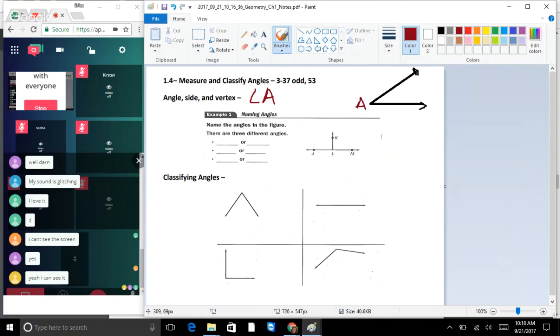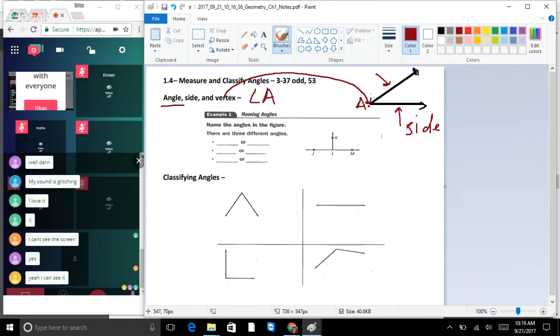There's a couple of pieces of terminology that I want to make you aware of. So this is an angle. The sides of an angle would be these two sides right here. And then the point at which they meet here, this point A, is called our vertex.